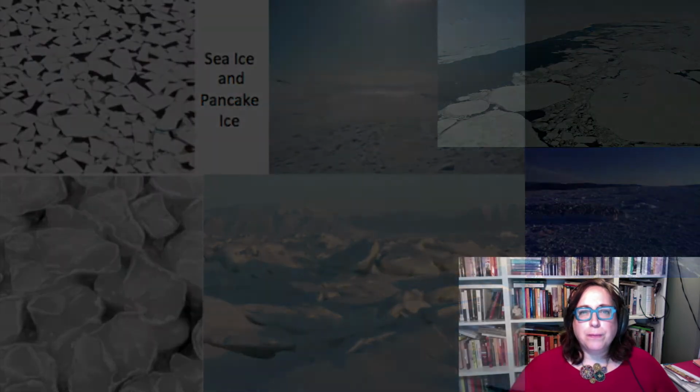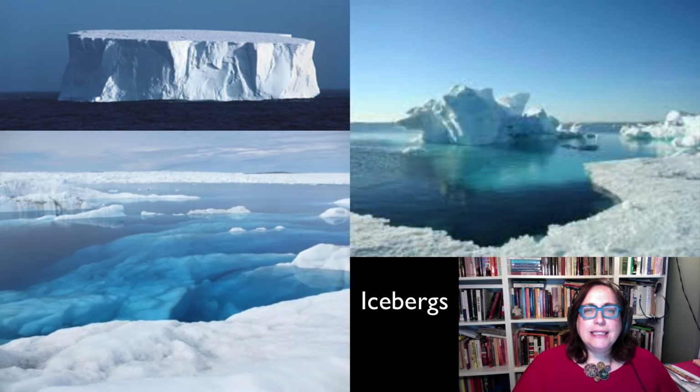in diameter. So sea ice is different from icebergs. Icebergs are actually part of glaciers or ice shelves, and this is landlocked ice that's been built up by falling snow. And this is fresh water right from the beginning, so freshwater ice.